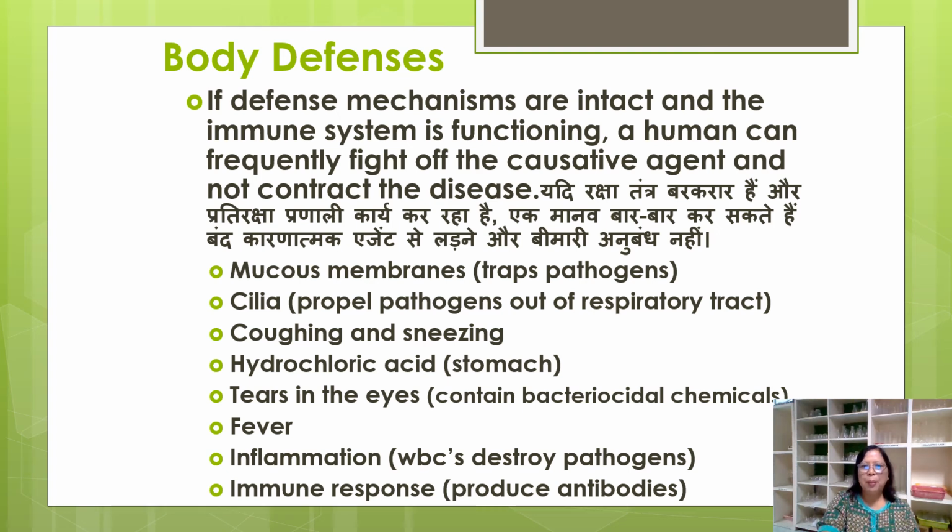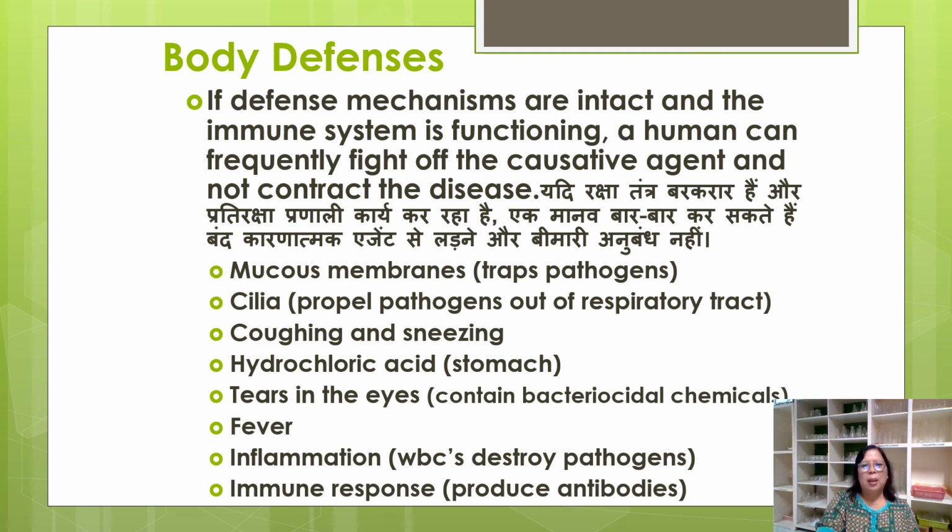Mucous membrane traps pathogens. Cilia propel pathogenic microorganisms within the body system. Coughing and sneezing, or rather the impact of coughing or sneezing in the transfer of diseases, could be controlled.